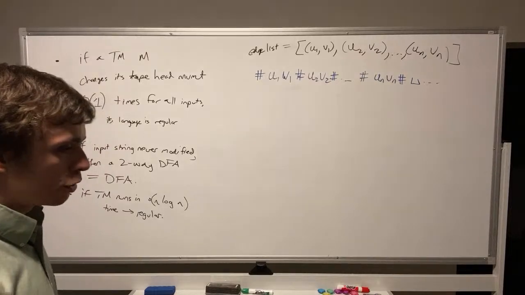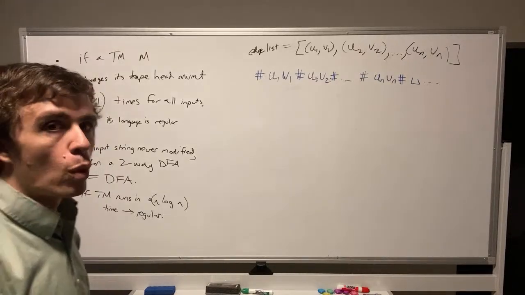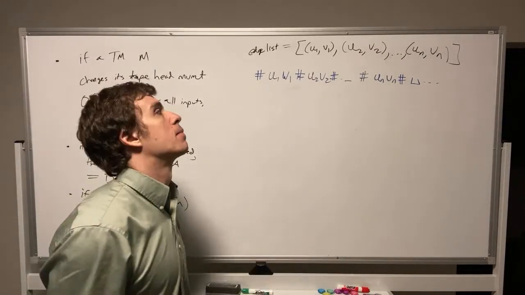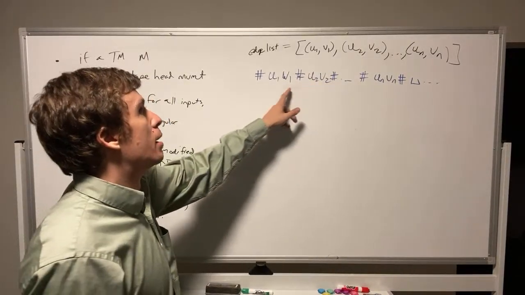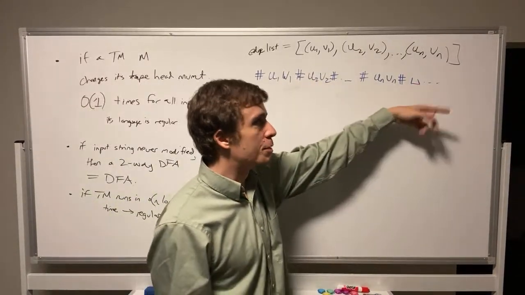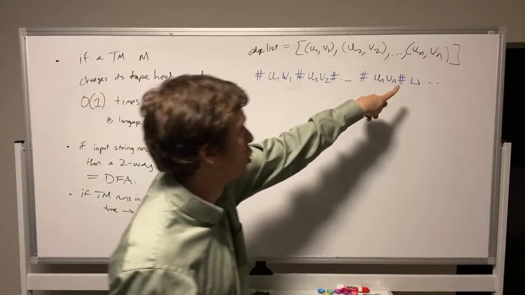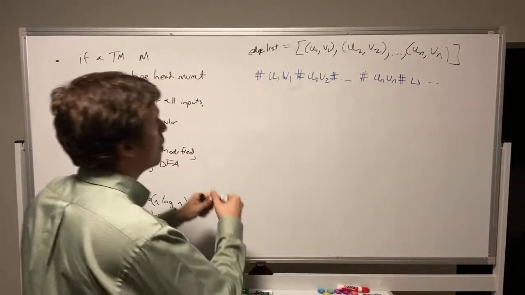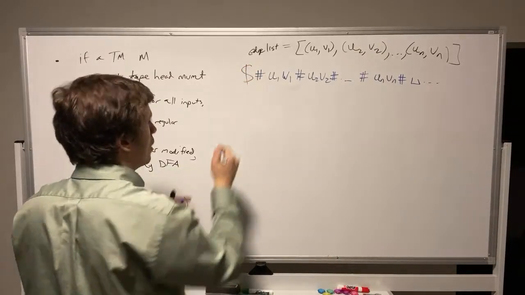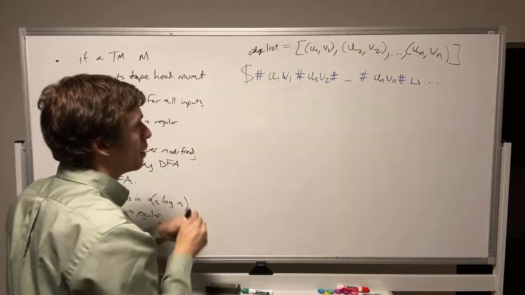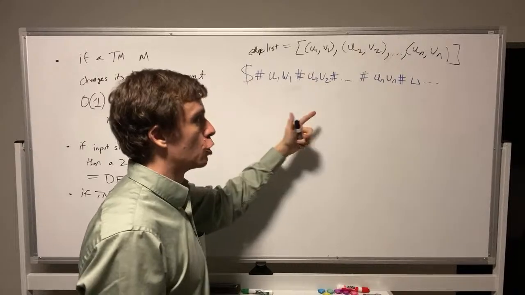So then if I want to figure out what the neighbors of some vertex are, maybe in some workspace over here, I just scan left, maybe put some special symbol at the beginning to denote that we're at the front, so I don't crash into the left-hand end.